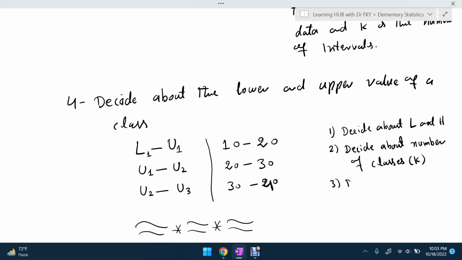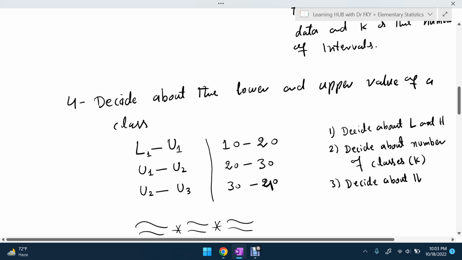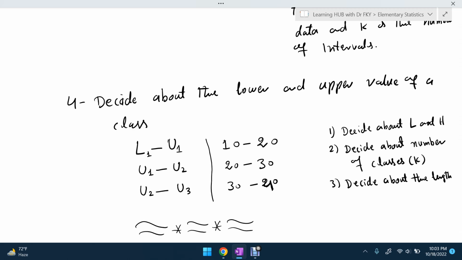Third, decide about the length of the class interval.